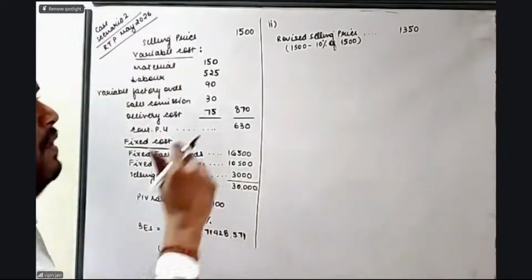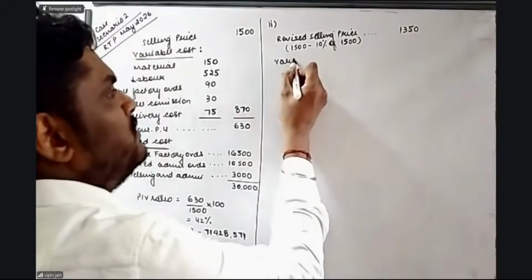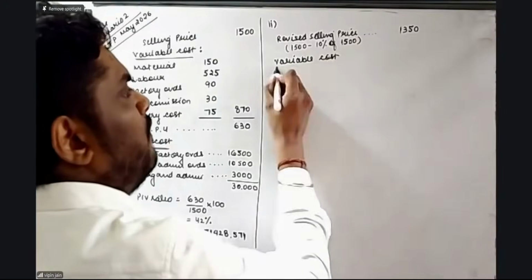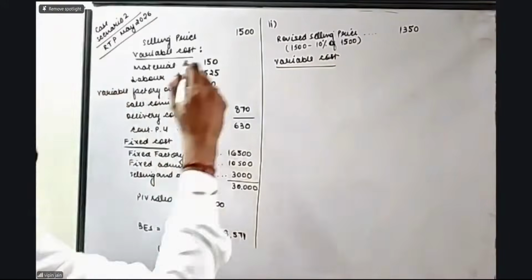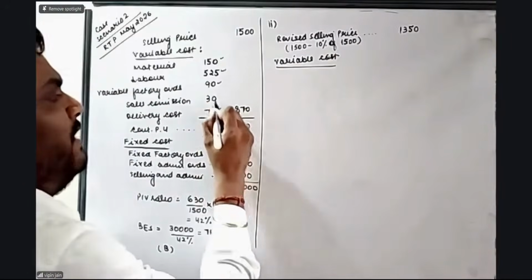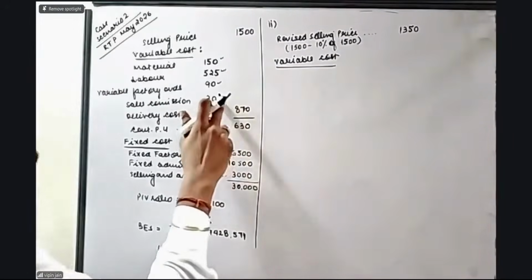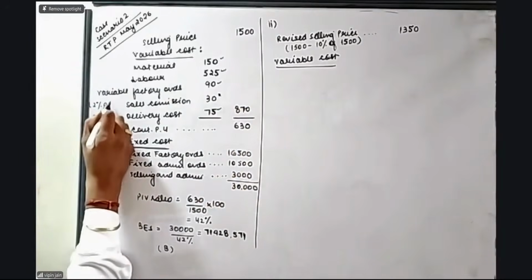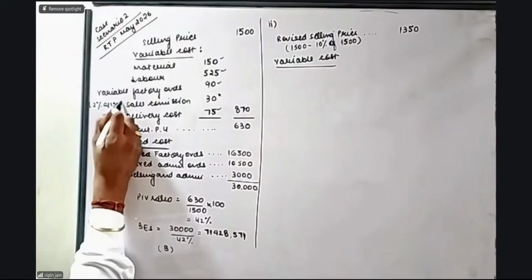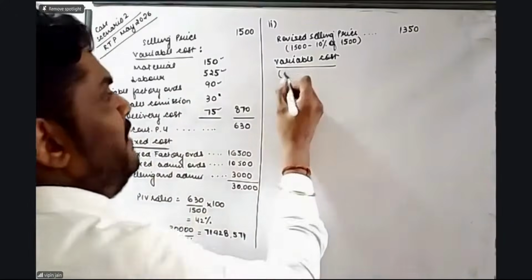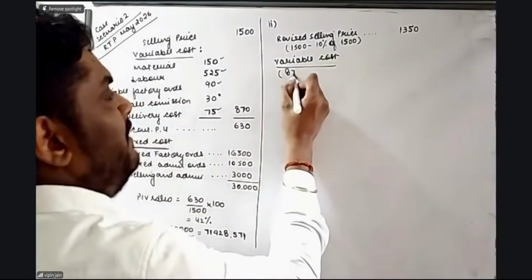Now see, when talking about variable cost also, very important guys, this will be same, this will be same, this will be same. Delivery cost will be same. But see, this is calculated as 2% of 1500. So this will change. So my variable cost is 870.